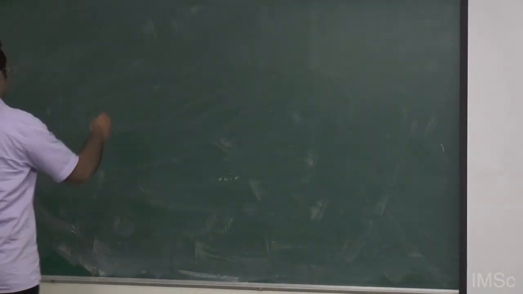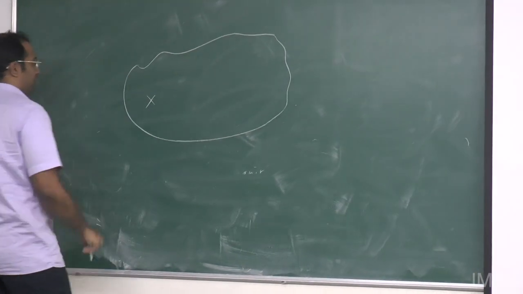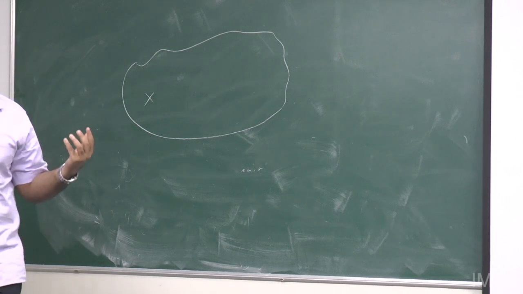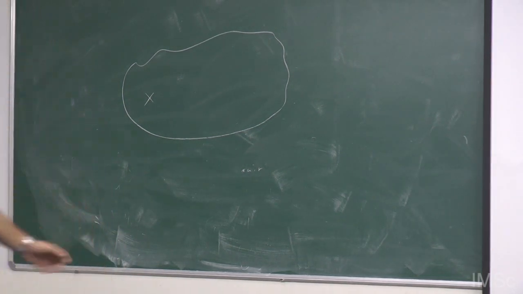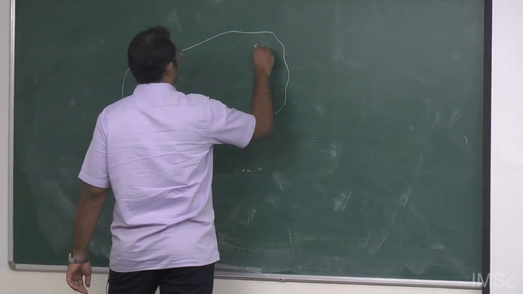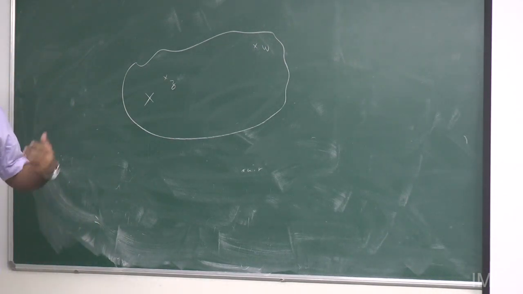You have a complex manifold X. So the idea is, since we are taking the dual, the natural thing to consider would be mappings from the unit disk into X. So take 2 points z and w in this complex manifold and look at holomorphic mappings from the disk to the complex manifold.